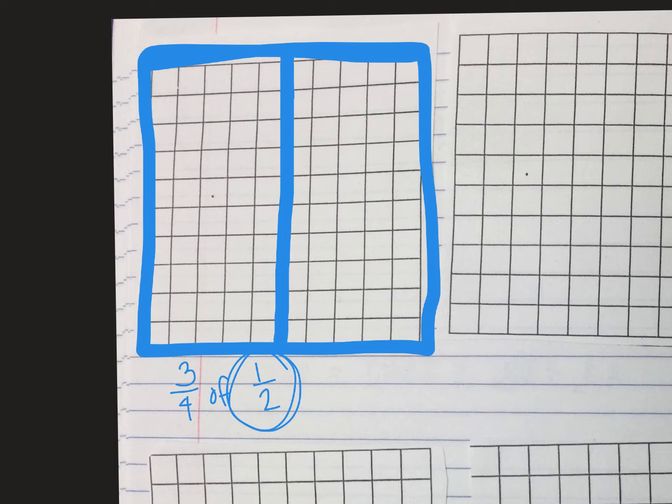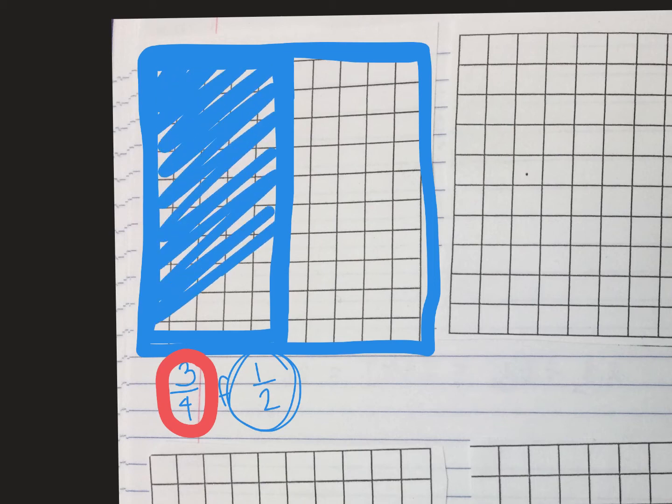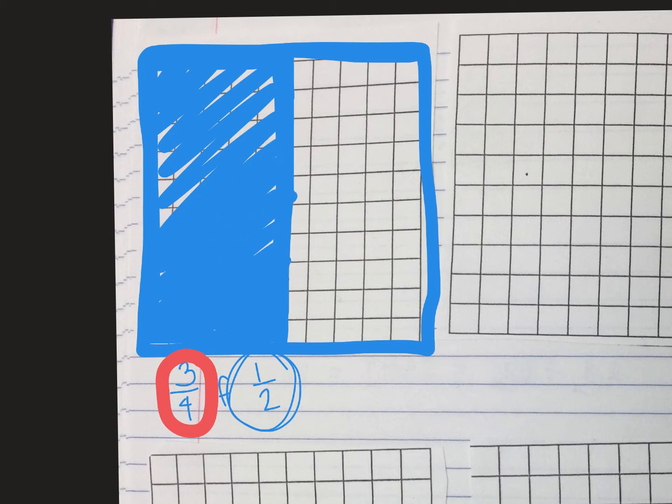Now, I want 3/4 of just this half, okay? So I just want 3/4 of this one side.